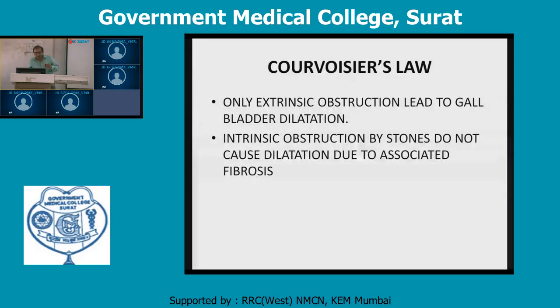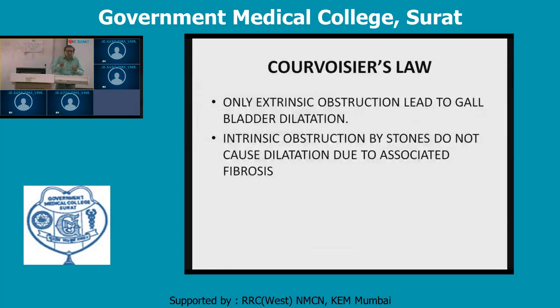In case of external obstruction, the gallbladder is dilated. When external obstruction is there, for example due to pancreatic malignancy, the drainage of bile is hampered, and later on the gallbladder gets dilated. So the dilatation appears only in external obstruction. In case of internal obstruction, what happens?